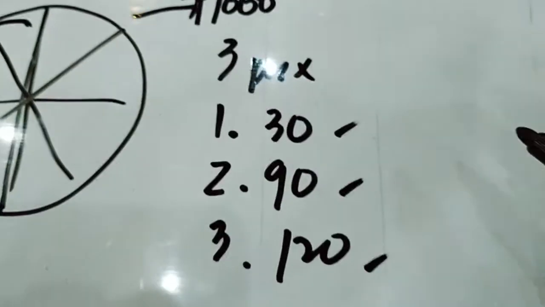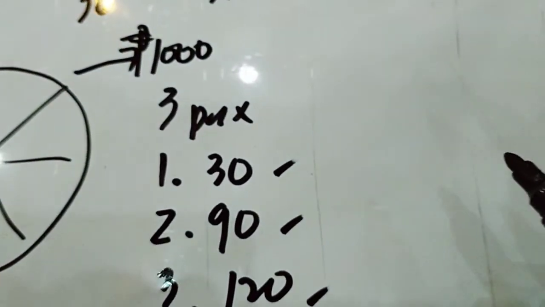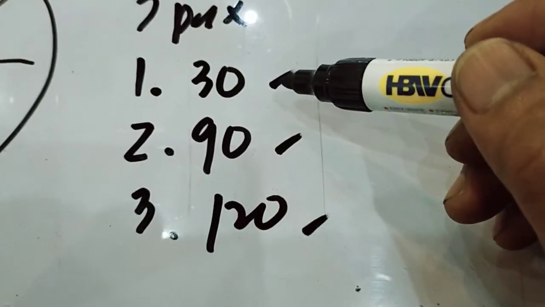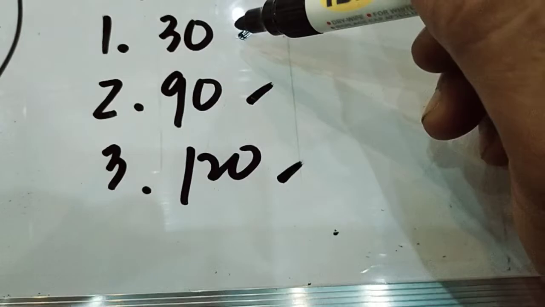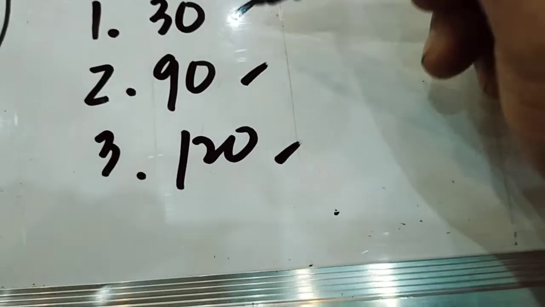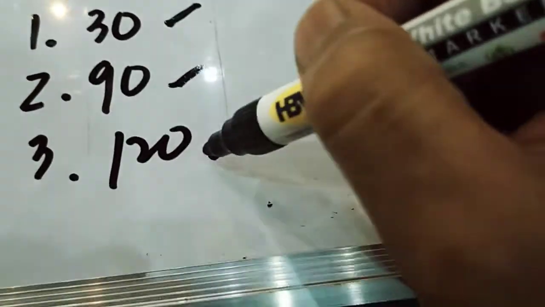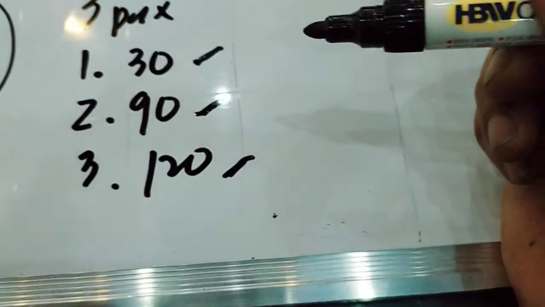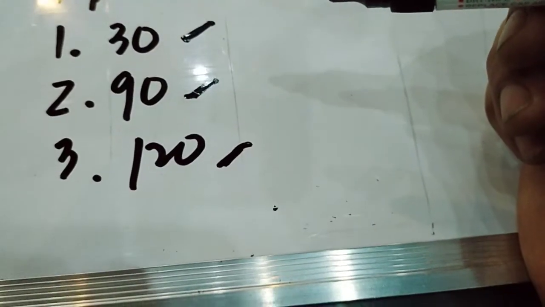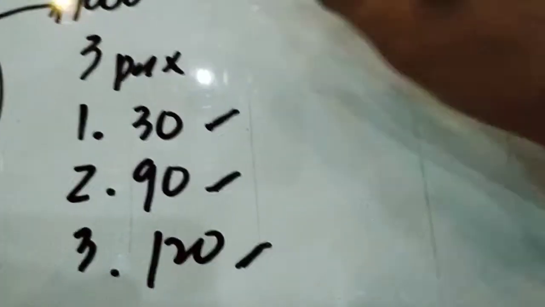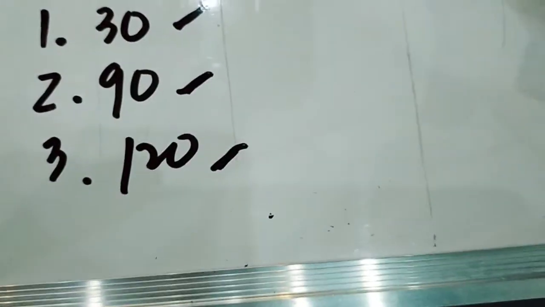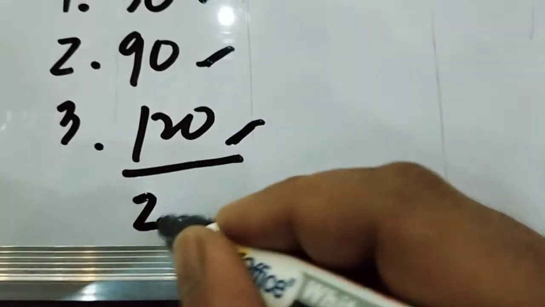That is partitive proportion. So we divide it. We have 30, how many parts go to them, 90, how many parts go to them, and 120, how many parts go to them. Your total is 30 plus 90 plus 120, which is 240.